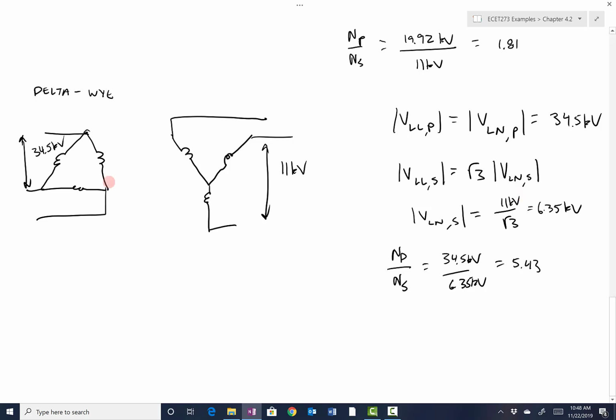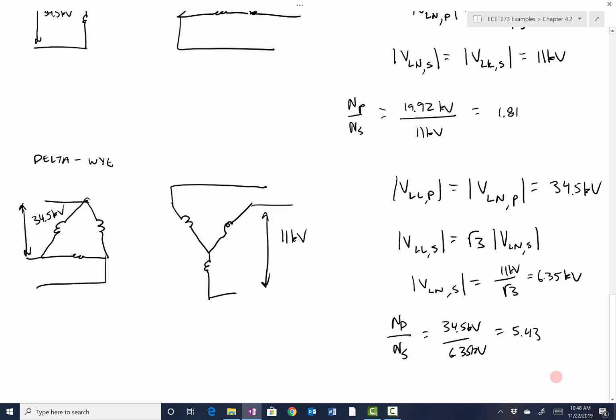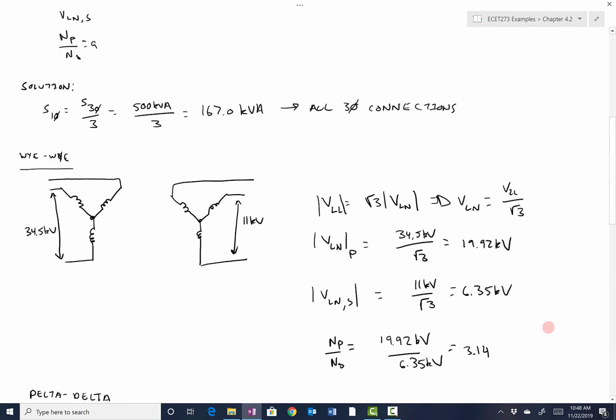They all do have very different voltage and turns ratio requirements. However, they do all have the same power requirement. Every one of those individual single-phase transformers that we are speccing needs to be rated to 167 kVA. It doesn't matter if it's a YY, Y-delta, delta-Y, or etc.